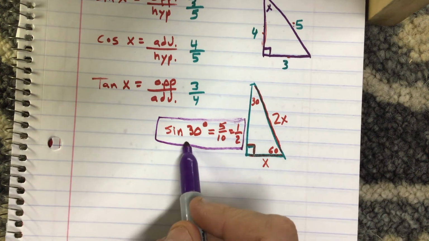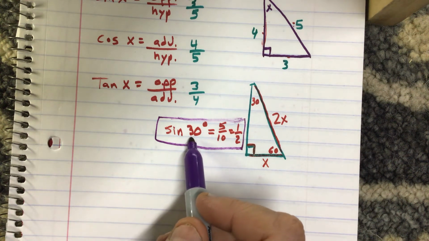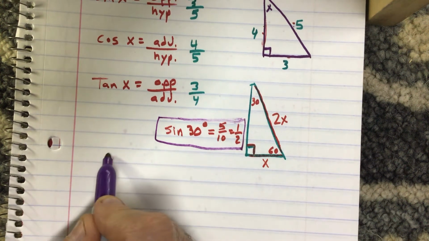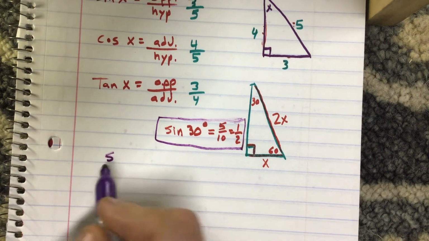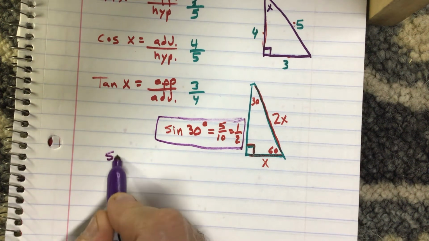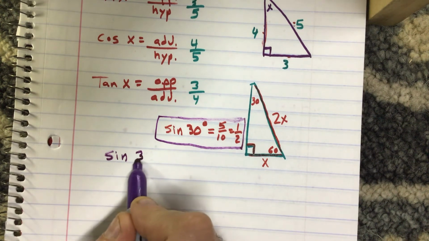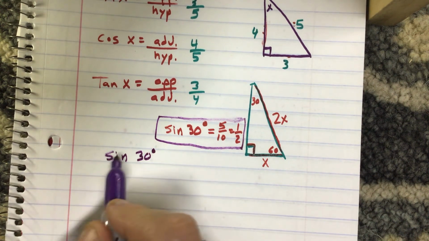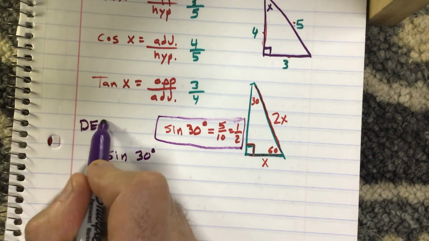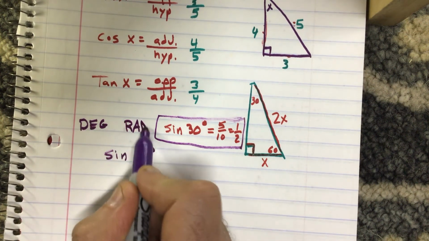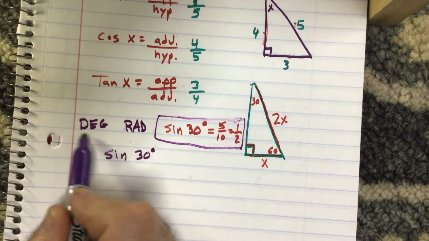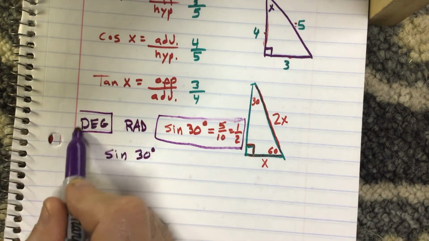You can take your calculator and plug in sine, and we're going to have to do this at some point anyway, so you might want to try it with your phone or with your calculator. Plug in sine and then 30 degrees. You have to make sure your calculator is in degrees. Somewhere on your calculator you'll see degrees as opposed to radians, which I'll explain in another video. But for now, the calculator has to be in degrees or you won't get it.